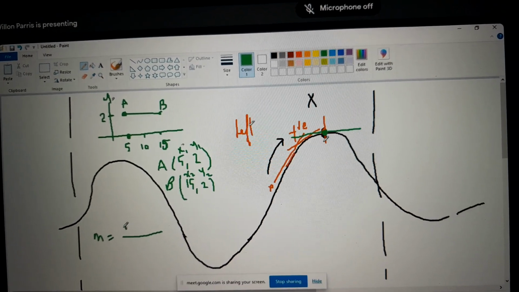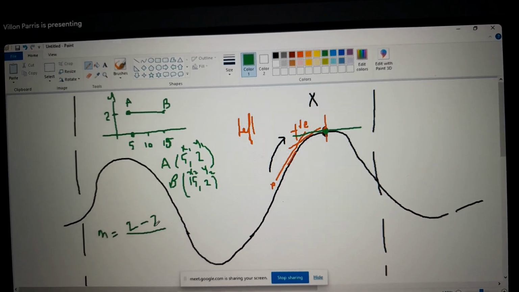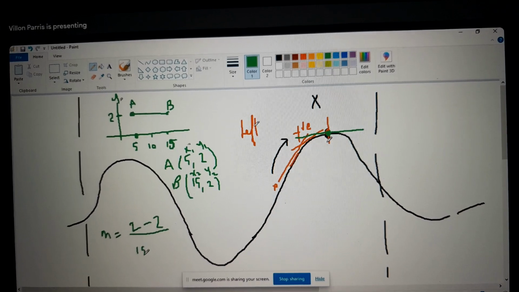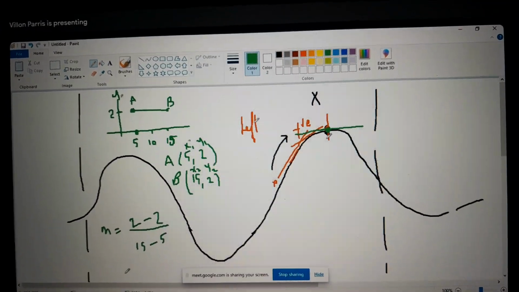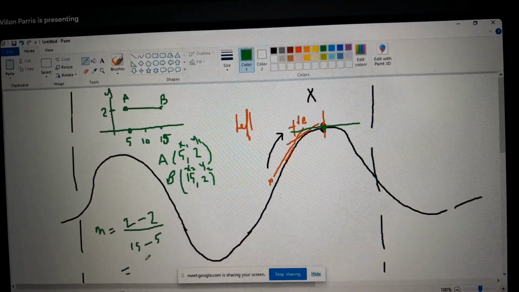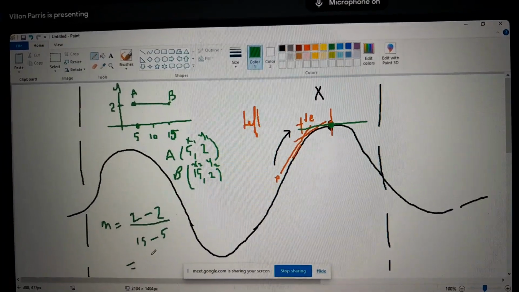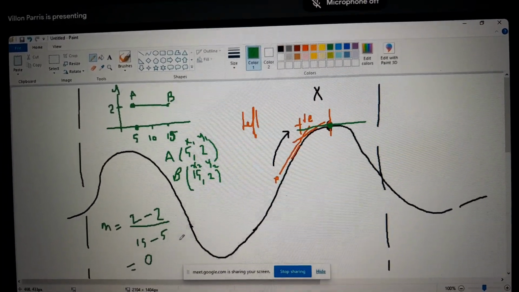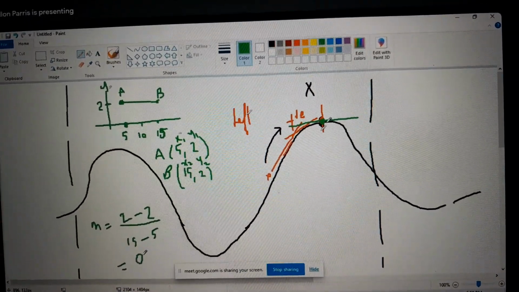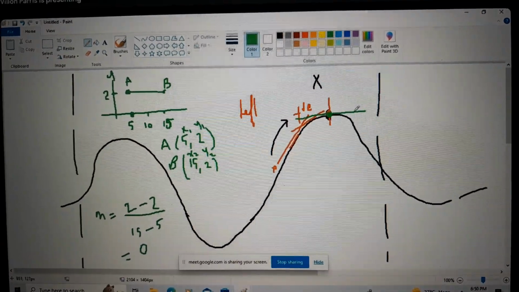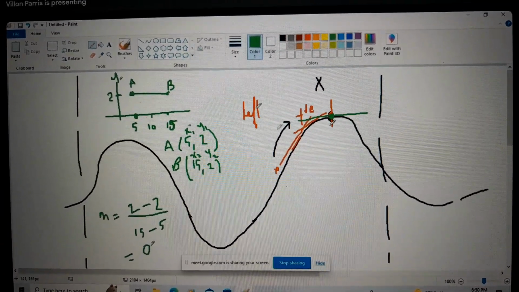Good. So it will be 2 minus 2 over 15 minus 5. And what would be your answer? 0, sir? Yeah, 0. So any horizontal line will have a gradient of 0.